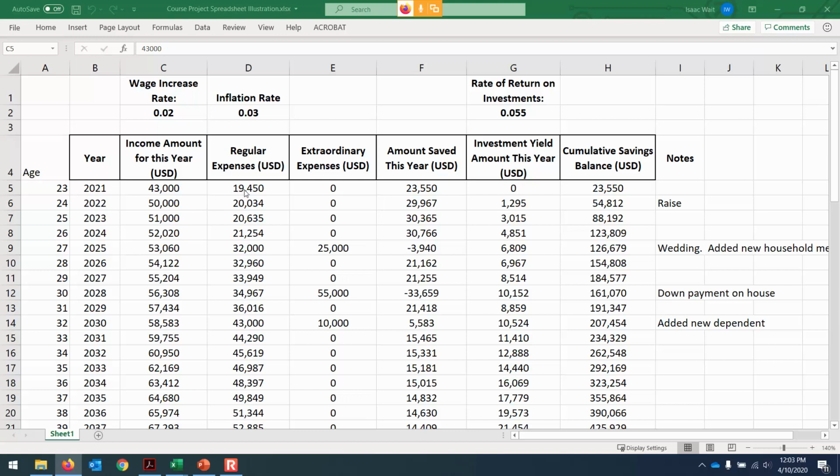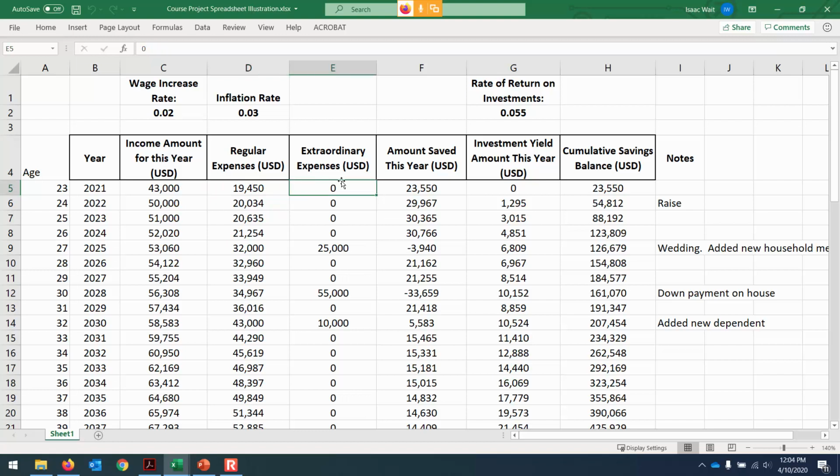And then there would be a detailed explanation about all the expenses that are included in this column, including things like taxes, insurance, housing, transportation, utilities, food, and a detailed data source explanation for each of those.